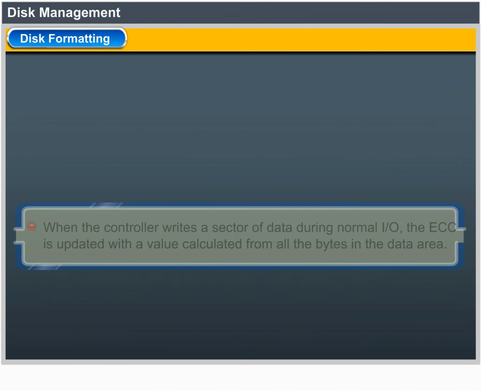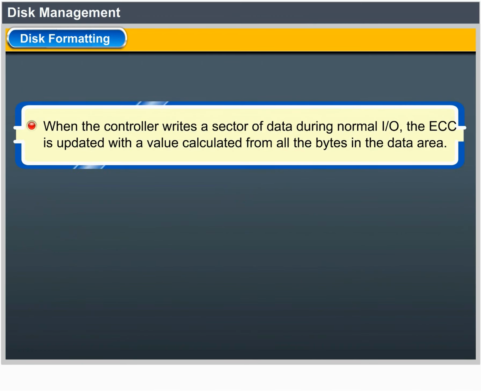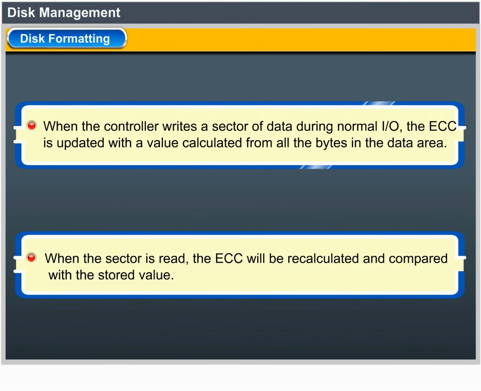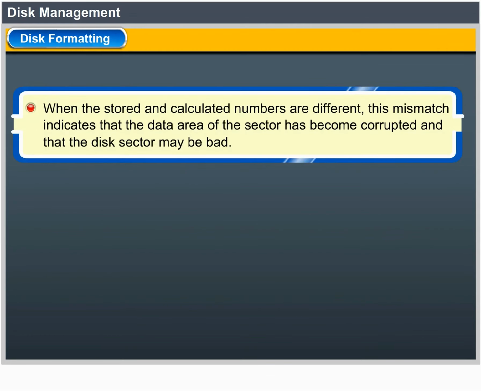When the controller writes a sector of data during normal input-output, the ECC is updated with a value calculated from all the bytes in the data area. When the sector is read, the ECC is recalculated and compared with the stored value. If the stored and calculated numbers are different, this mismatch indicates that the data area of the sector has become corrupted and that the disk sector may be bad.